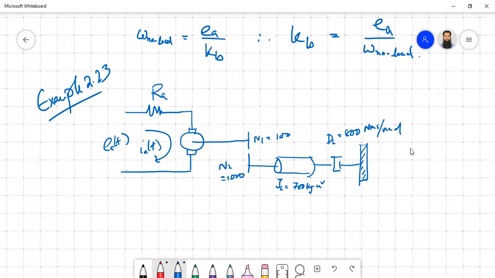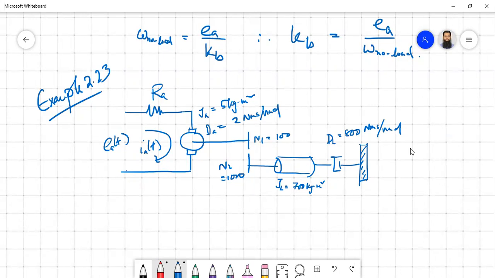Also the parameter JA is given. JA, the armature inertia, is 5 kg meter square. Then you have armature friction, that is 2 Newton meter second per radian. Okay, so are we missing anything? No, I think these are all.